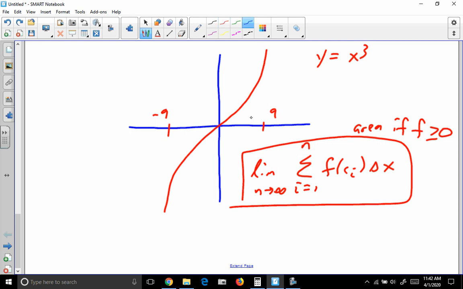If we take our function times delta x on this side, our function is positive, our delta x is positive, so we get a positive area for everything on this side. But if we do our function times delta x on this side, our function is negative. A negative times a positive delta x will give us a negative area. So all of these rectangles on this side are negative areas.